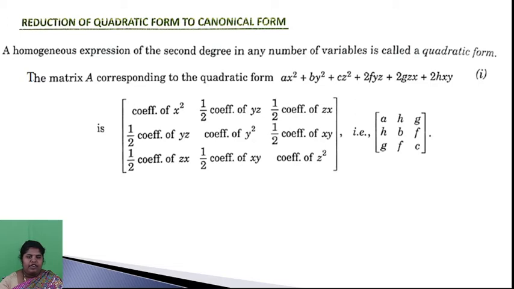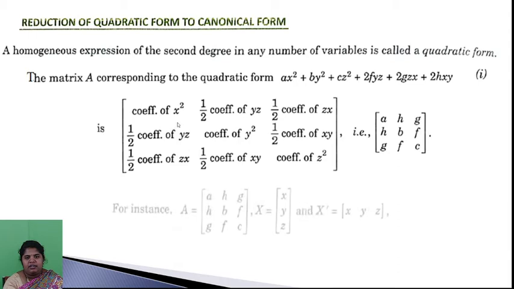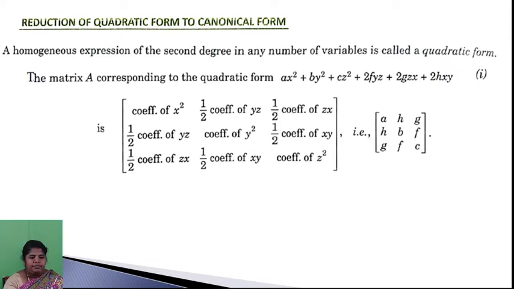Okay. So first we have to find the matrix A, which is given by... now the first element of the matrix is the coefficient of x square. The first element corresponds to the coefficient of x square, that is a, and the second element is 1/2 coefficient of yz.